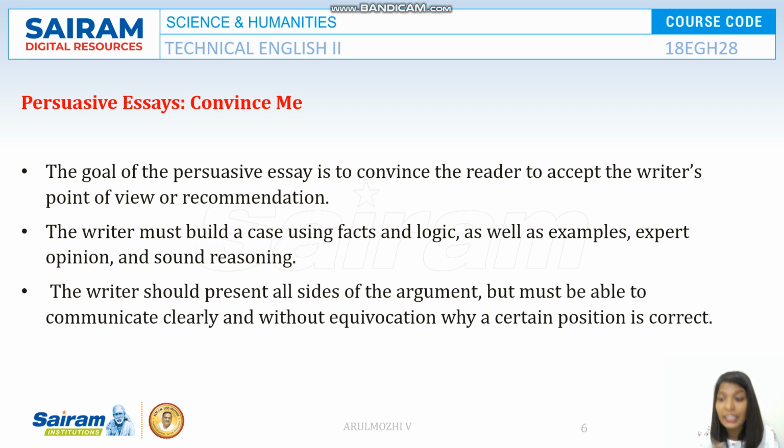The writer doesn't take any side. But in a persuasive essay, the writer takes one side. Though he is presenting all the facts, he tries indirectly to convince the audience to take his side and the fact that he believes is true, and he wants his reader to agree with him. That is the aim behind the persuasive essay.